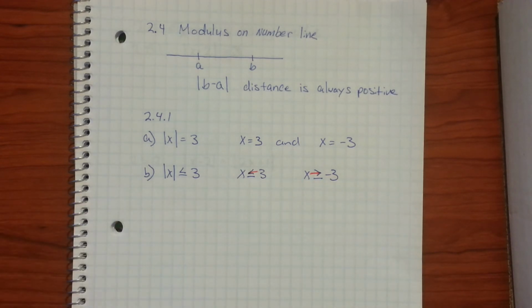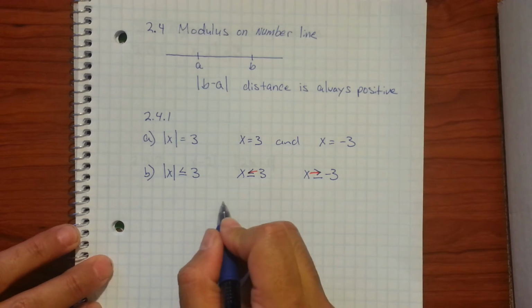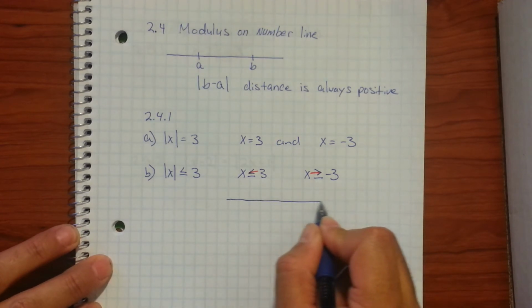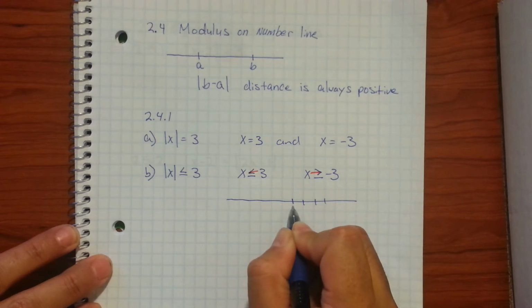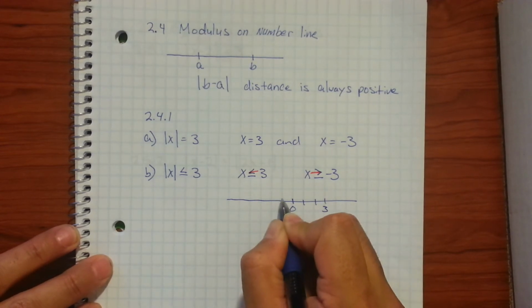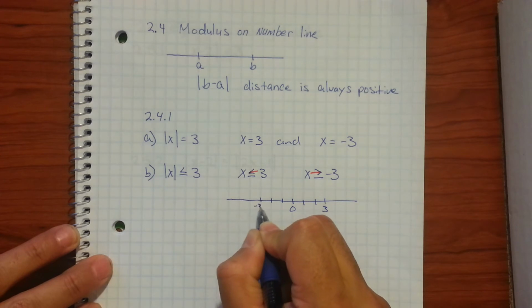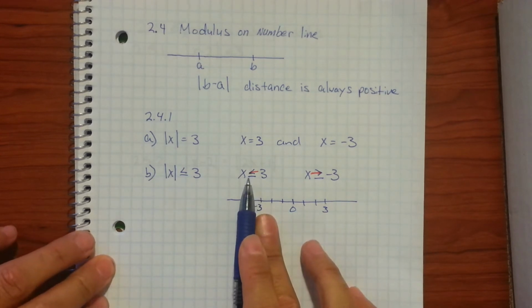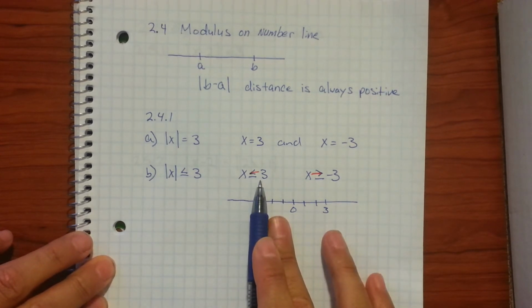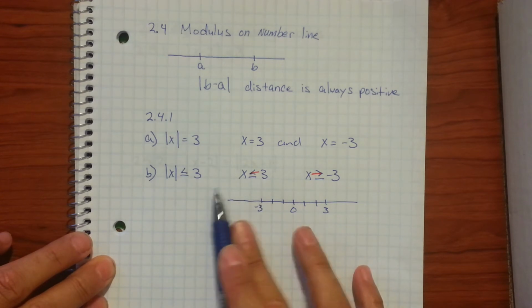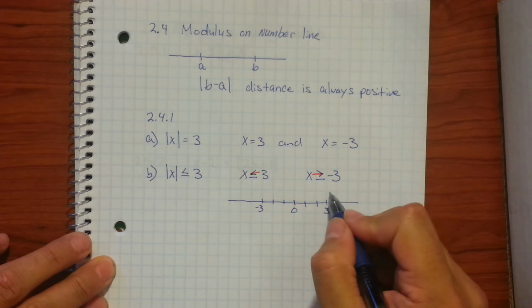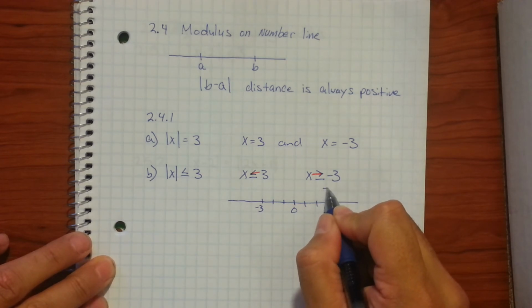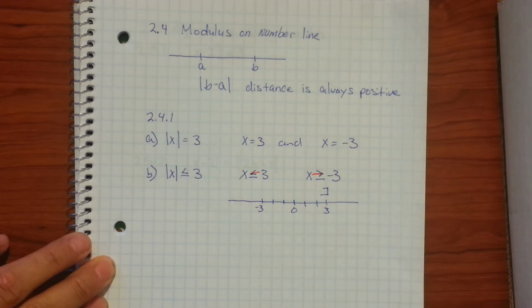So, on a number line, one, two, three, negative 3. So, right here, at positive 3, it needs to go to the left. And because it is equal to, I'm going to draw a bracket.